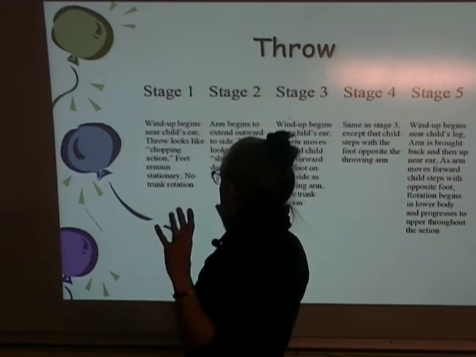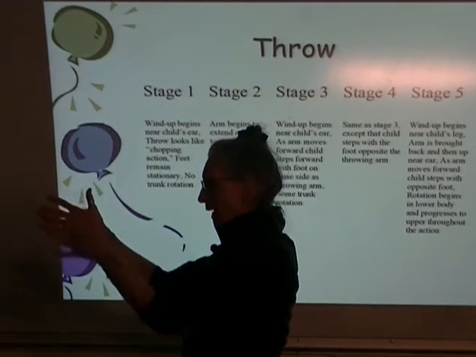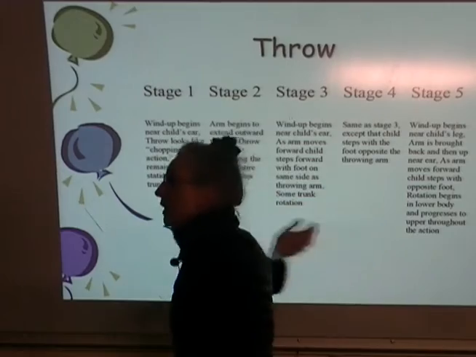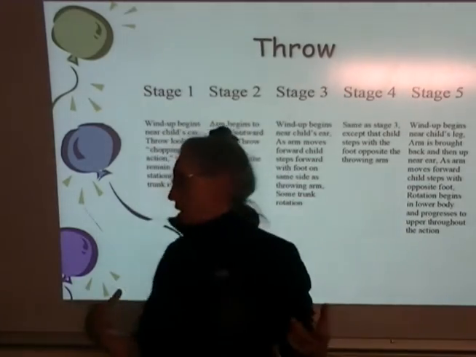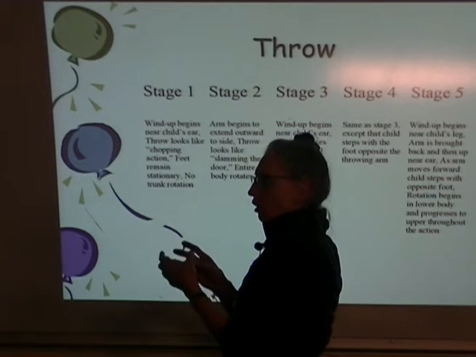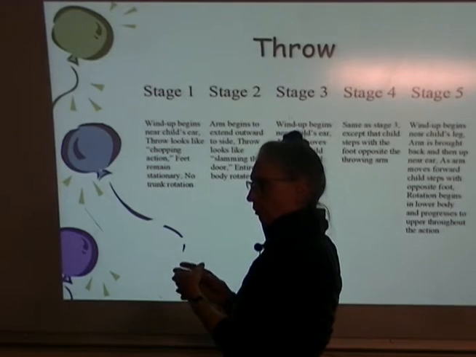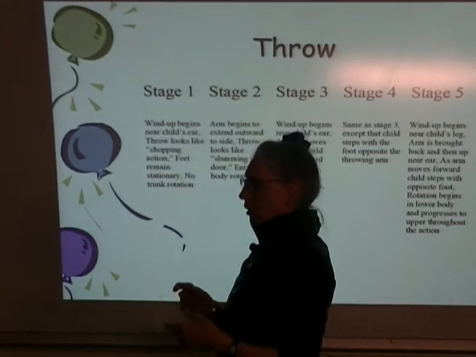So the feet don't move. The body starts off square. If they slam the door hard enough, it might make their body turn around, but it's inconsequential, it's not deliberate, right? It's because of what happens with the arm.